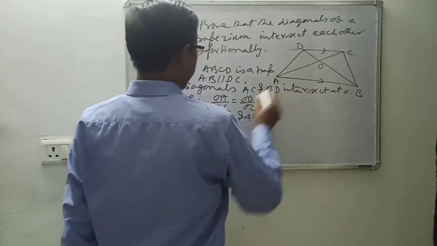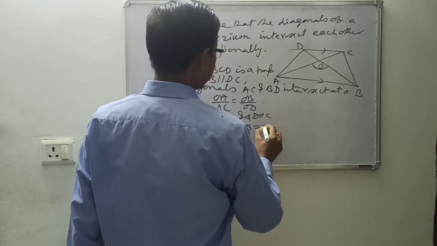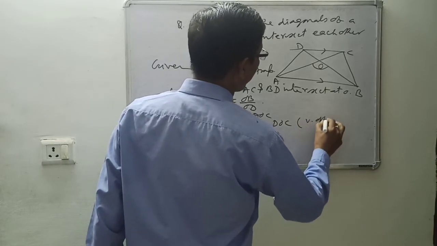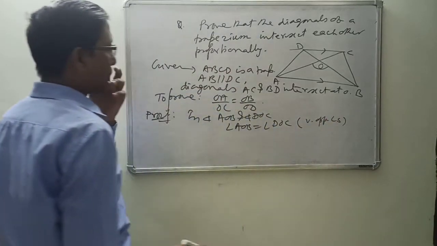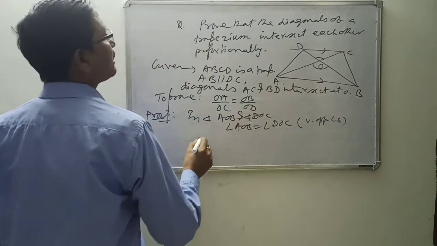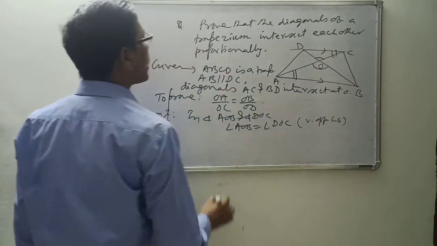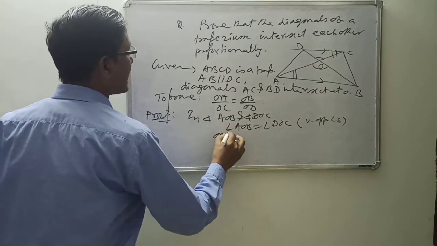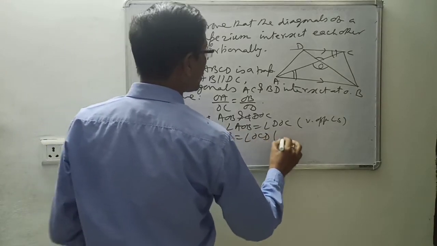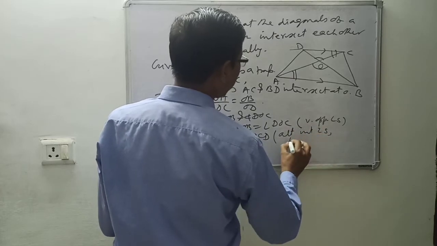Look, angle AOB is equal to angle DOC, since they are vertically opposite angles. And since AB is parallel to DC, angle OAB is equal to angle OCD, alternate interior angles.